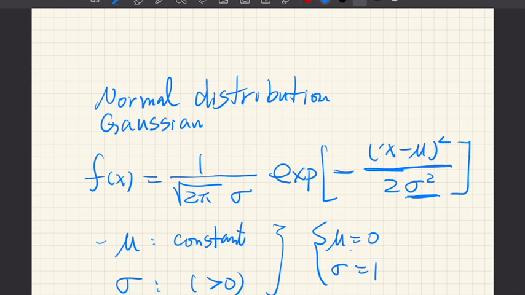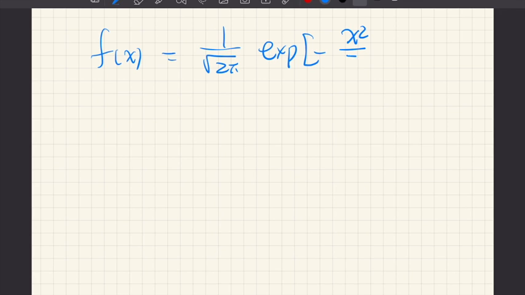Okay, normal distribution or Gaussian distribution. And in particular, when mu is 0 and sigma is 1, it's called the standard normal distribution. So just put mu equal to 0 and sigma to 1, you get the density function of this. So this is the density function of the standard normal distribution.